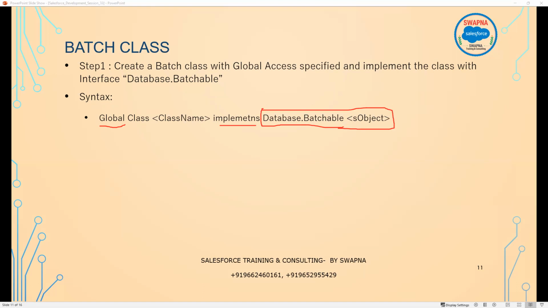This is how the class starts. Within this class, we need to specify the logic that we want to write. So step 1 is create a batch class with a global access specifier and implement the class with the interface called Database.Batchable<sObject>.